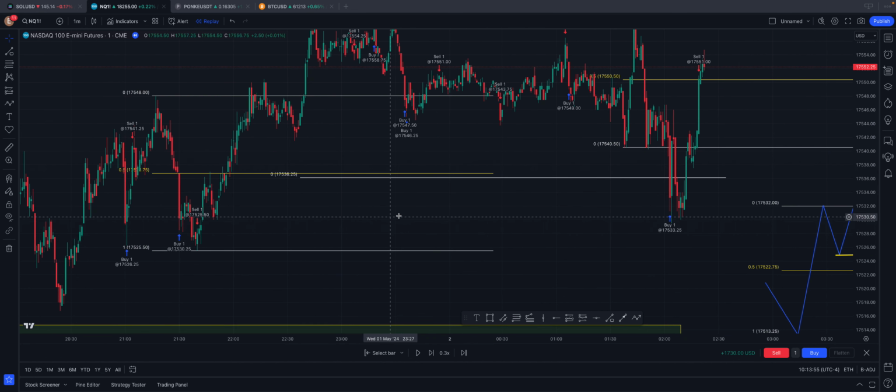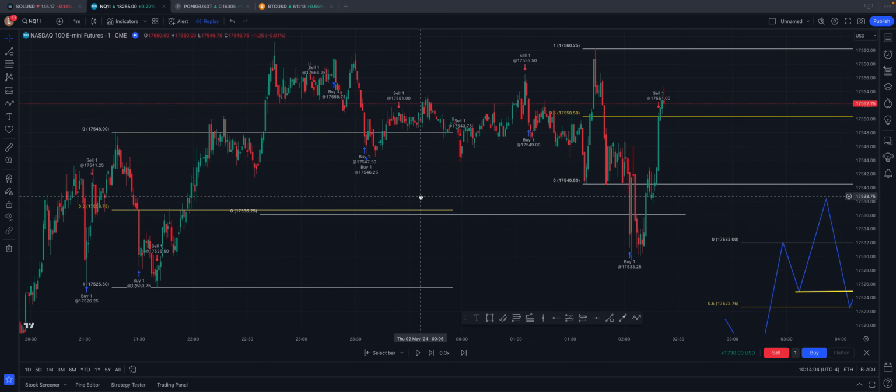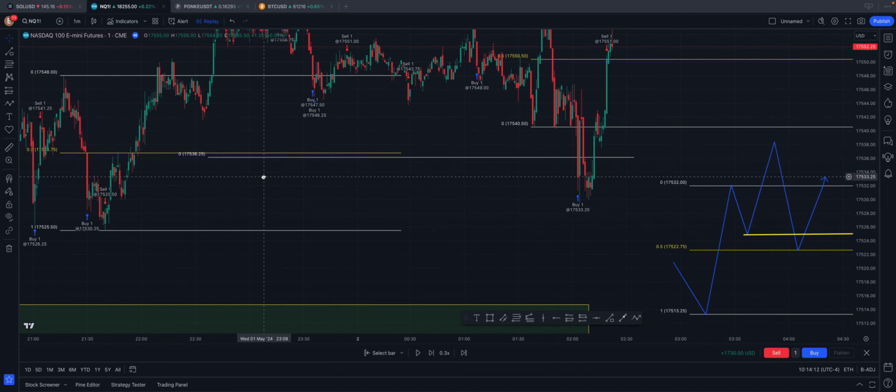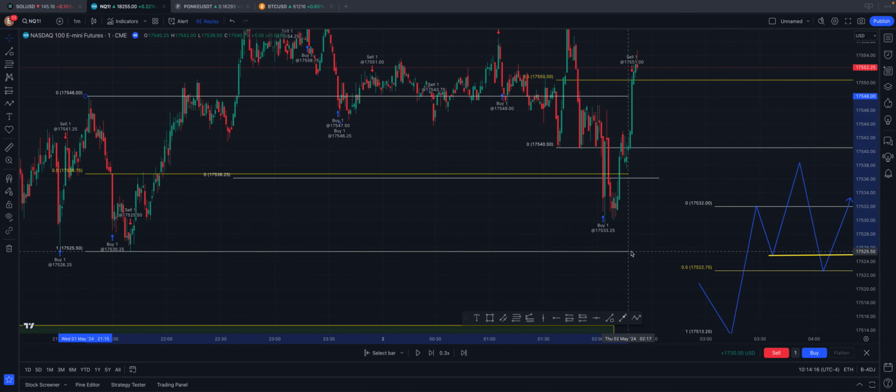This is an area here. So in this area, you look at it. So I marked it right early on, right?